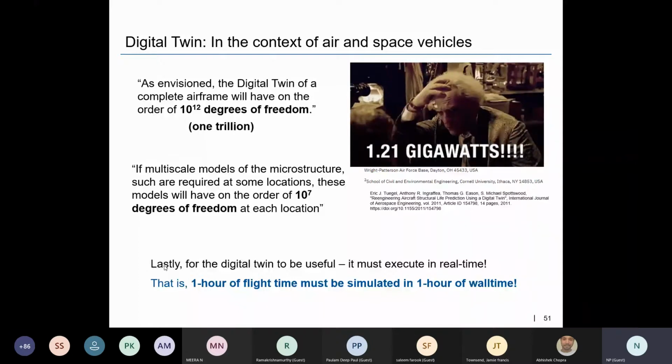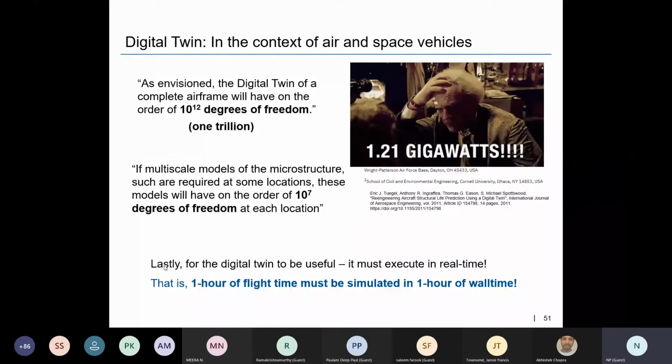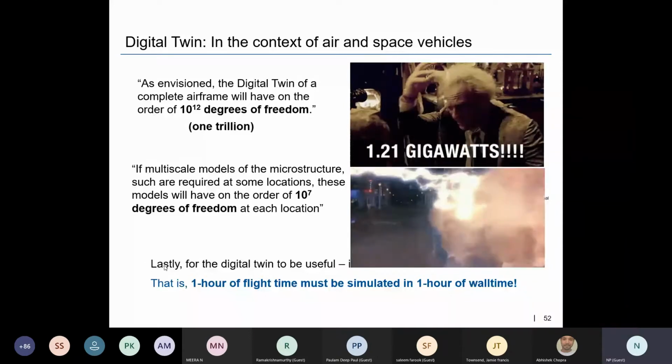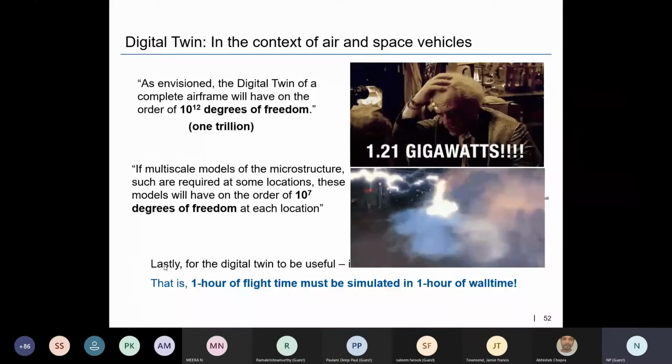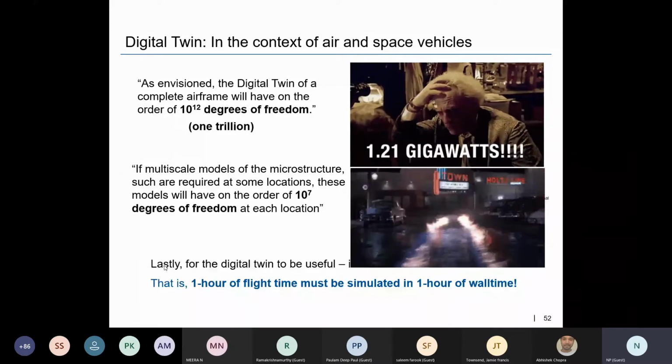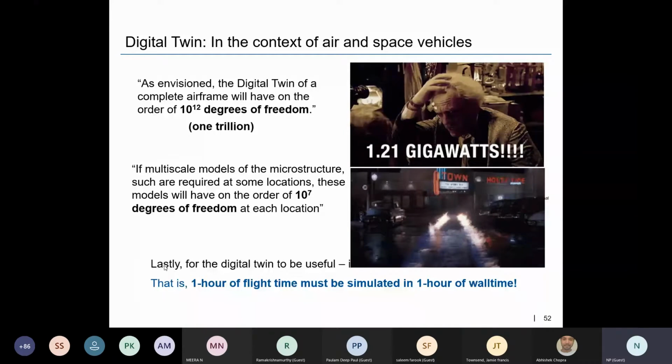And the only solution that they can come up with is to use a bolt of lightning as an energy source to make this work. So when I read this, that's what came to my mind. Do we need to use a bolt of lightning to supercharge our computers to make this thing work?